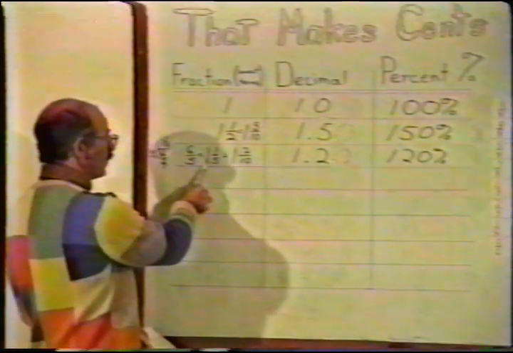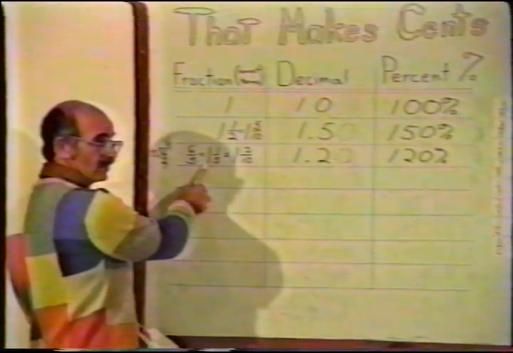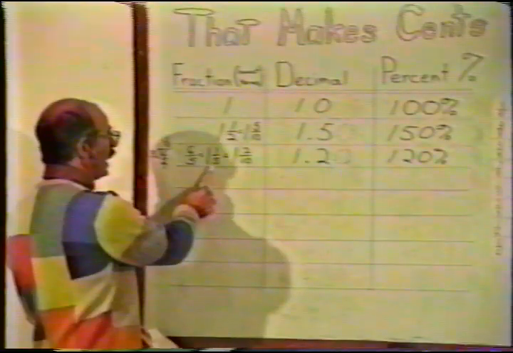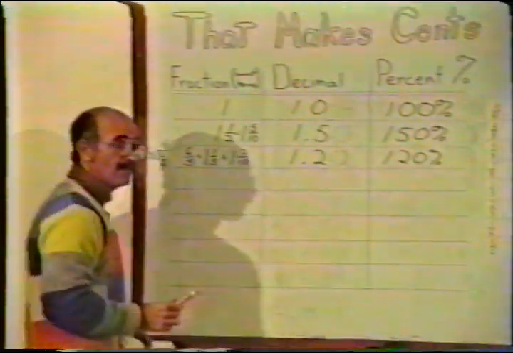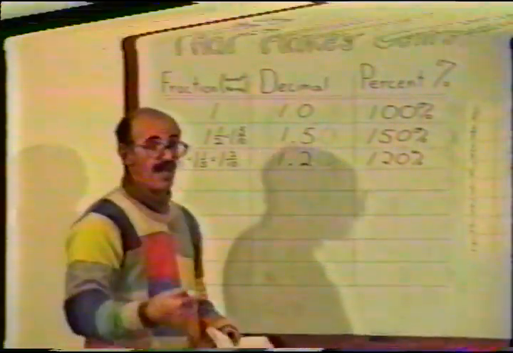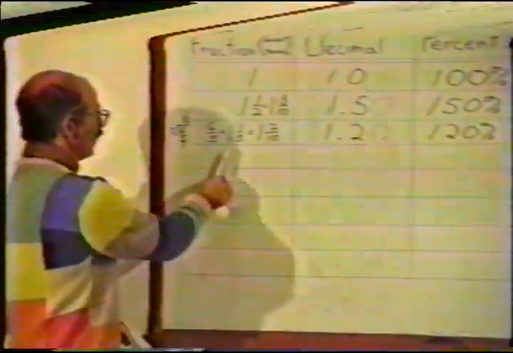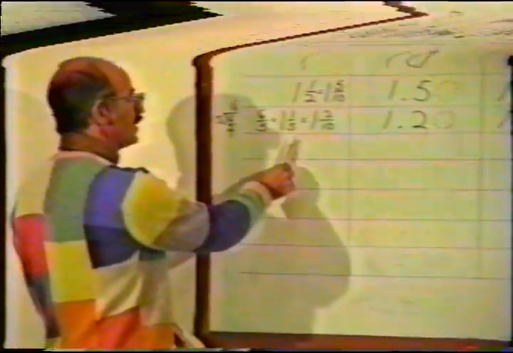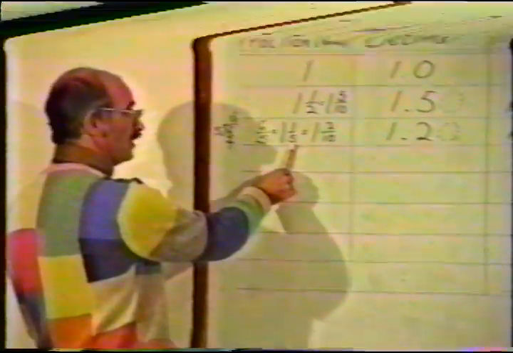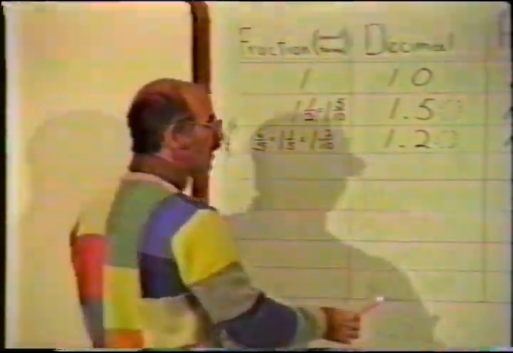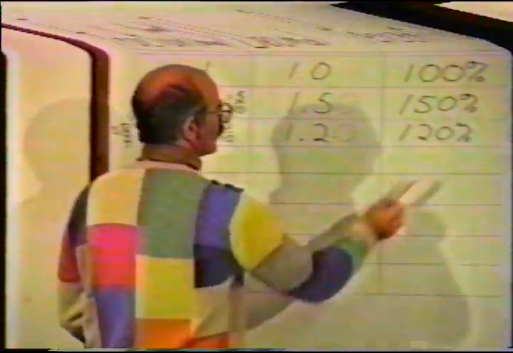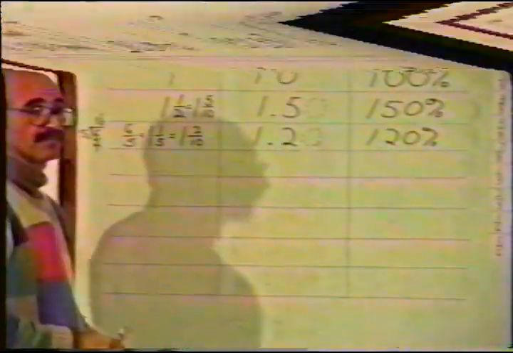1 is worth how much percent? 100. And the 1/5 we should automatically know is worth how much percent? 20. So we have 100% and 20%. If we put that all together, we'll have 120%.